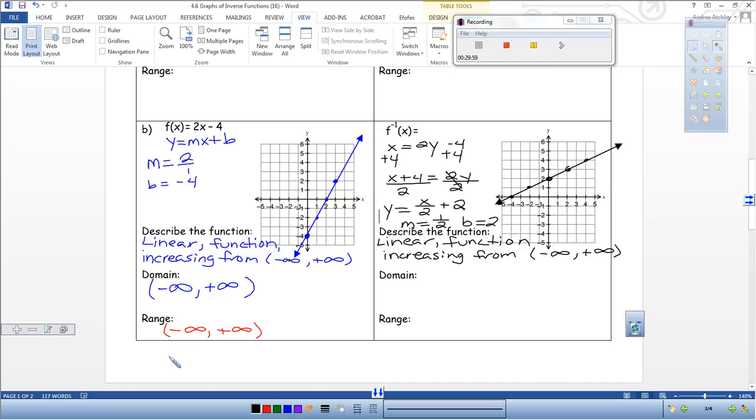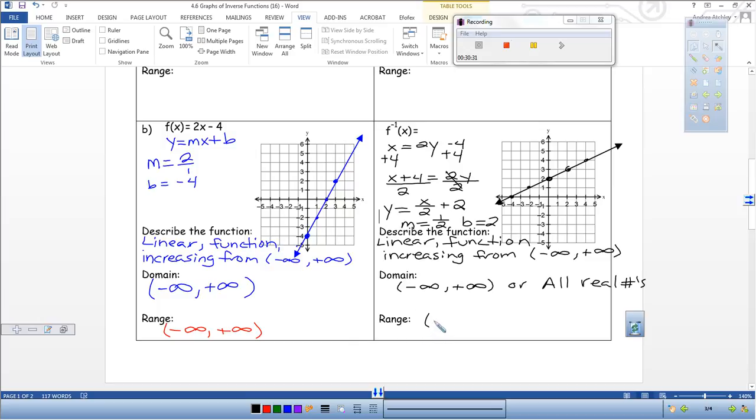Okay. Domain and range, same thing. Okay, it's going to go on forever left and right. So from negative infinity to positive infinity, or all real numbers. However you want to say it.